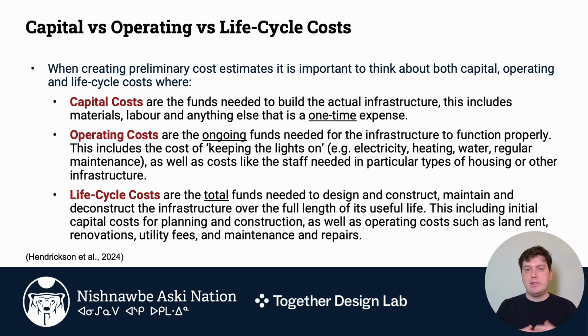And it's important when you're thinking about housing to understand that the house is going to be an asset, usually in the context we're talking about, an asset of the First Nation for its entire lifespan. And so while it's important to find low capital cost housing projects, or housing projects that we can build relatively cheaply, we shouldn't do that at the expense of or in jeopardizing the total life cycle of the house.